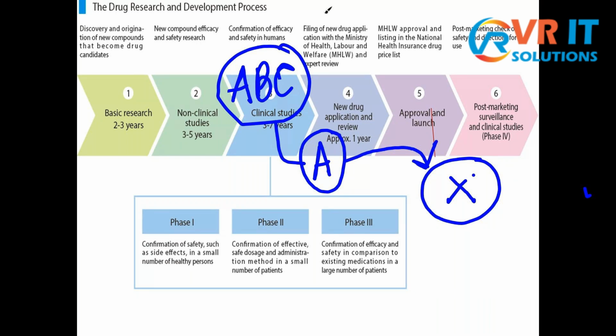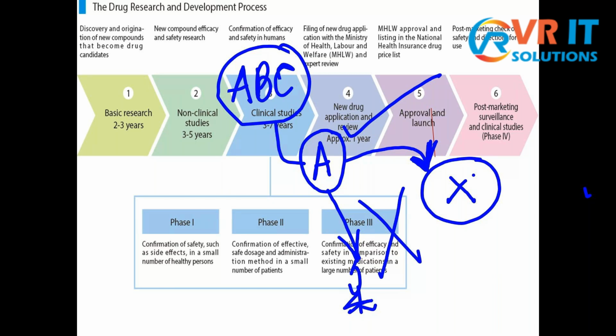Can they directly give this to human beings for consumption? No, because it would be illegal, since this drug has not been tested. Any new treatment released into the market must be tested on human beings.